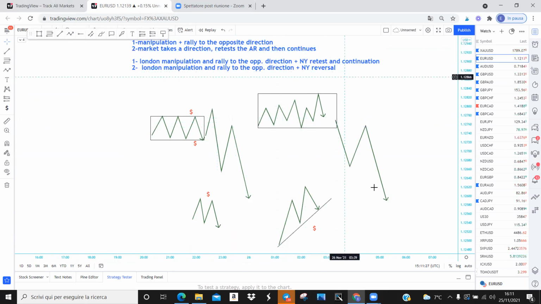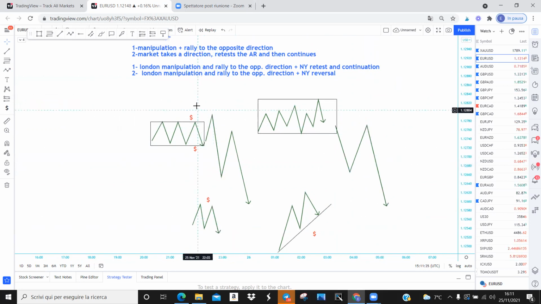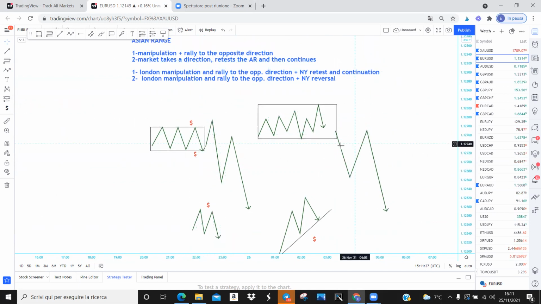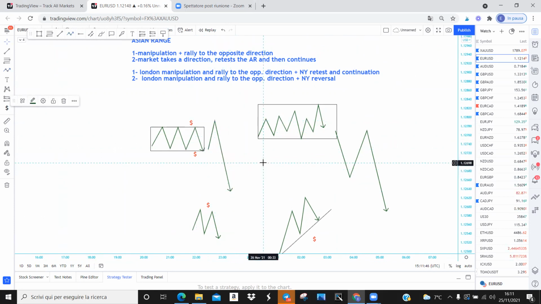So instead of manipulating and then taking a direction, it just takes a direction, retraces to retest the Asian range and continues. Or just basic, which was the first one, manipulation and rally to the opposite side.